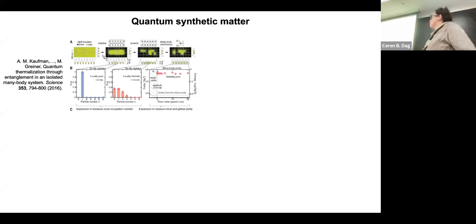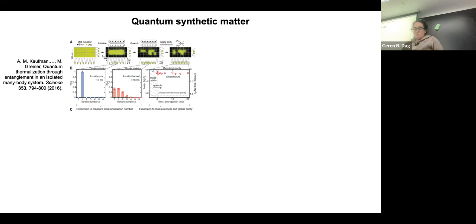Great. So I said that we're going to stick with spinor condensates, and that's part of cold atom systems. Cold atom systems, together with some other hardware, nowadays are called quantum synthetic matter. The reason is their capability to simulate quantum matter and probe the fundamental principles of physics.